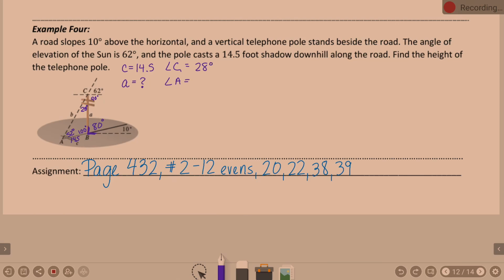What's angle A? 52. Can we use that information to find our answer? It's law of sines, right? Did we even need any of the B information? Not in our solving, but we needed it along the way to find stuff.